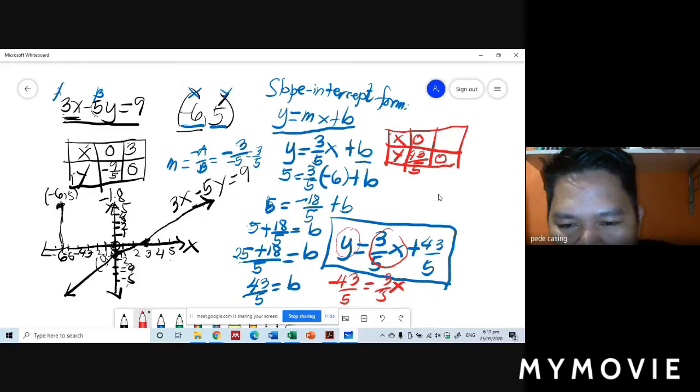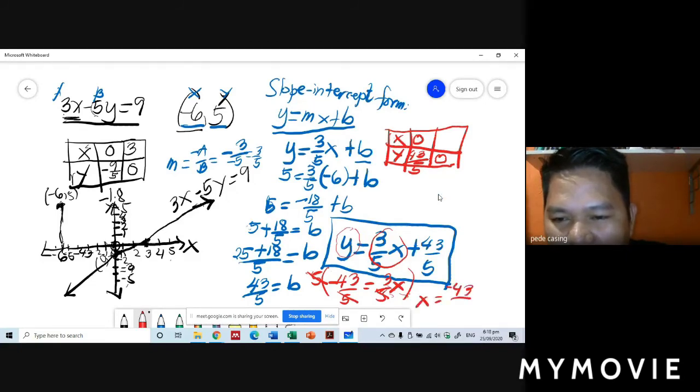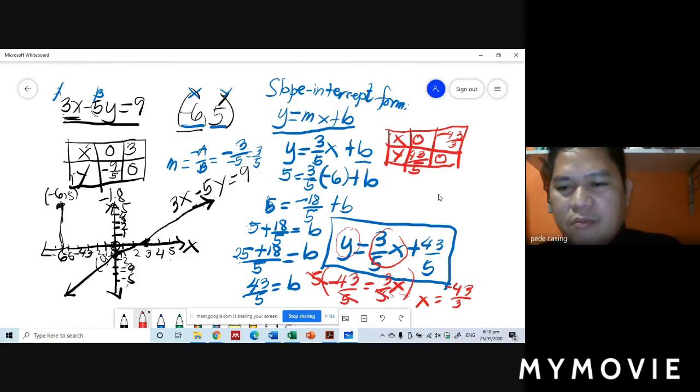Then multiplied by 5, no? Para makancel ni diri. Para x lang ang mabilin. So, mahimo siyang -43 equals 3x. Then, kanang 3, atong na po siyang i-divide. So, therefore, our x is equal to -43 over 3. Okay, -43 over 3.